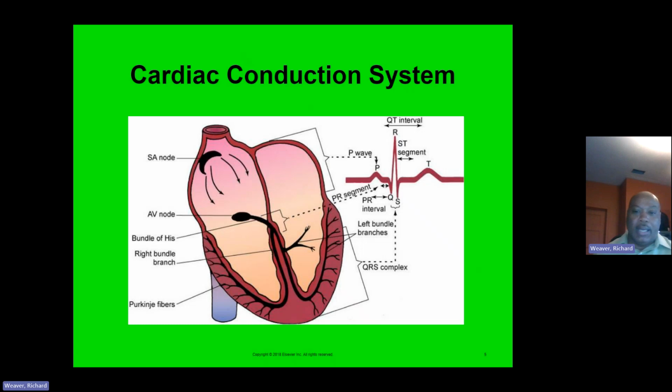Now, the heart's electrical conduction system is responsible, as I mentioned, for stimulating the heart's muscle to contract. And of course, this causes blood to propel forward. On the right side, blood is being propelled forward to the lungs for gas exchange to take place.